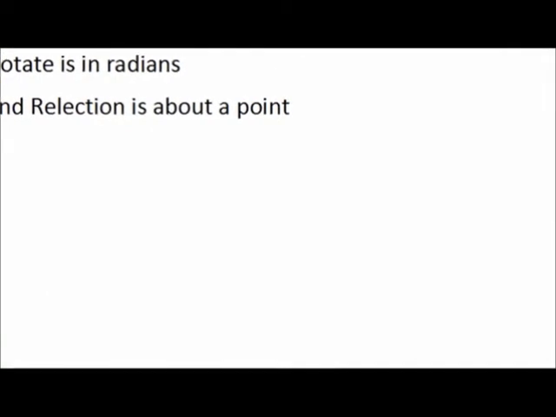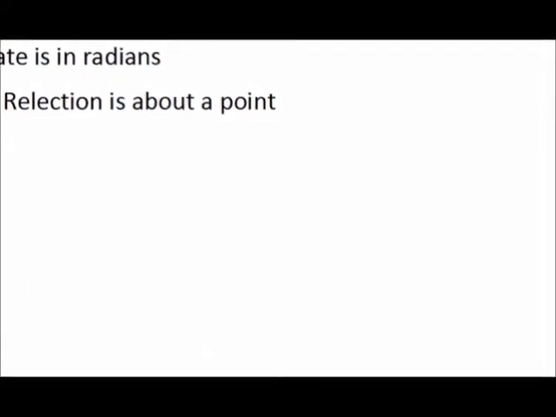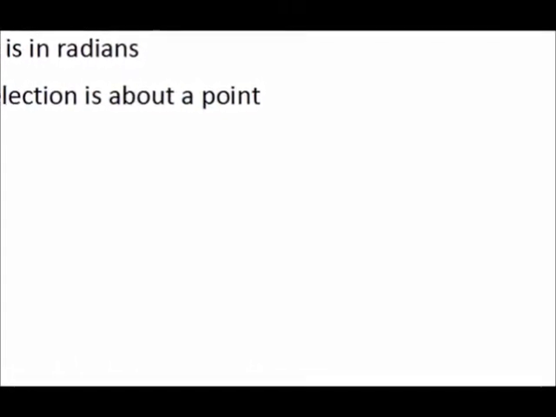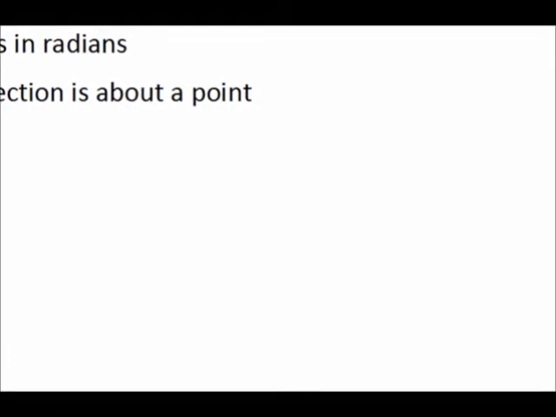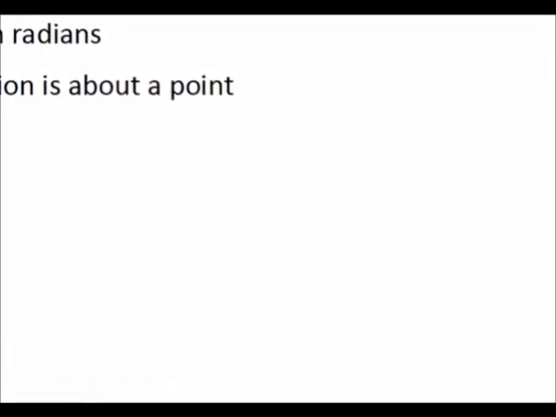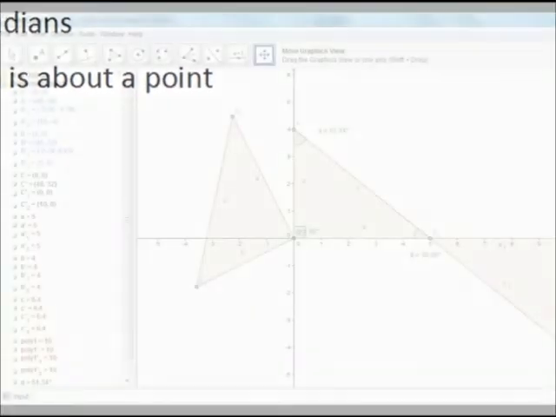It looks as though GeoGebra is using radians for the rotation, and the reflection's done around a point. I'm having trouble doing reflection around an axis, which is what I wanted to do. But anyway, that's what it's doing, and we'll have a look at the next slide.